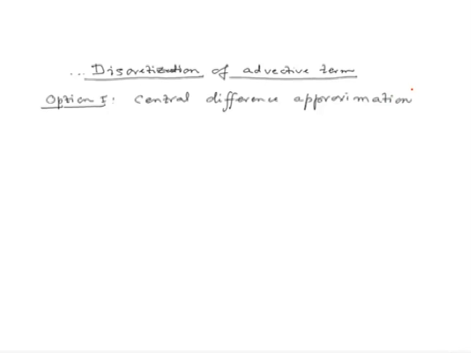so then what would we get? The term which we were looking at was d by dx of rho u phi at node I. Since we are looking at node I, in the central difference approximation, the terms involved would be at nodes I plus 1 and I minus 1.